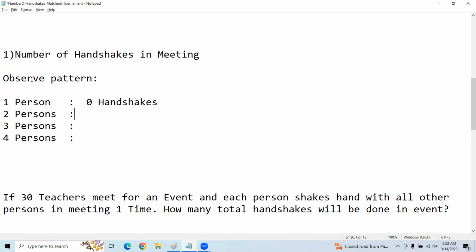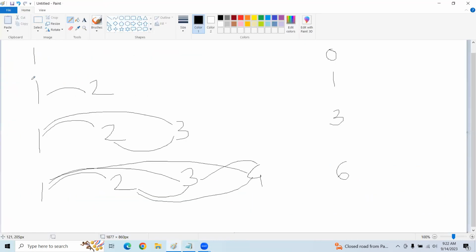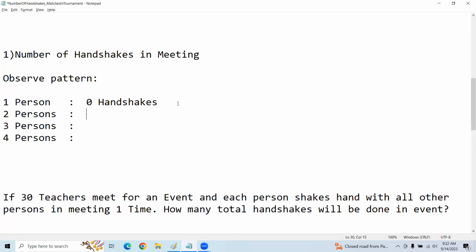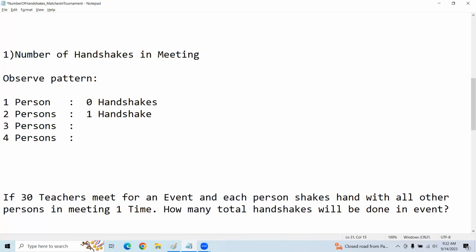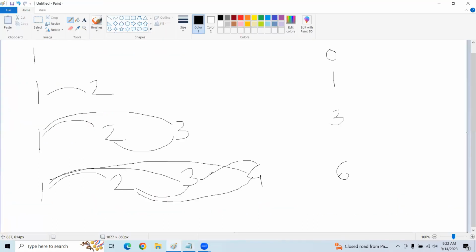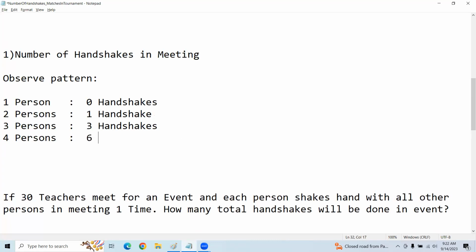We will just note it here. When we have 2 persons, we have 1 handshake. When we have 3 persons, 1, 2, 3, that is 3 handshakes. And when we have 4 persons, we have 1, 2, 3, 4, 5, 6, that is 6 handshakes.